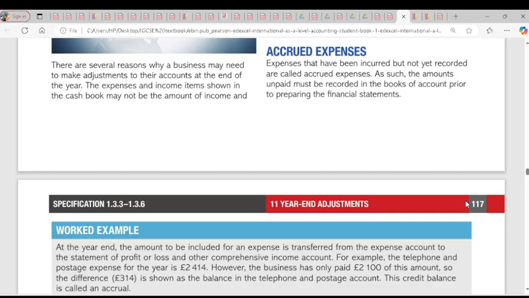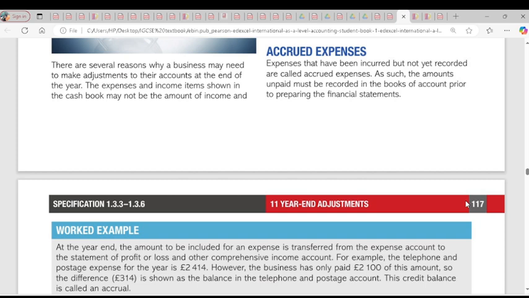So for accrued expenses, the amount accrued will be recorded in the statement of financial position as liabilities. That's other payables, in your current liabilities. You know, there are trade payables. These are the amounts of money you are owing to your suppliers. But here, you have incurred expenses but not yet paid for them. So it is other payables.